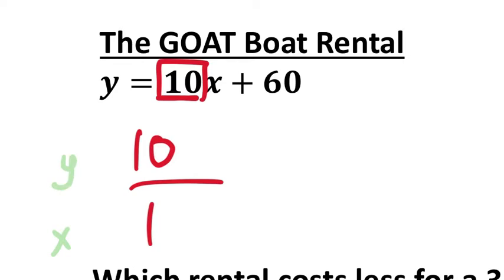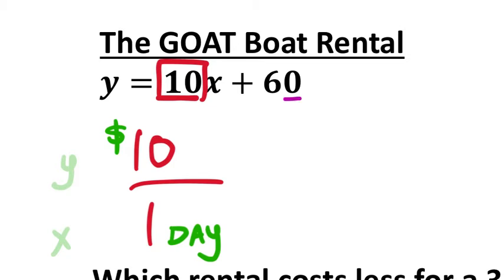So in the beginning, when they say Y is the cost, then we know that the 10 is $10. Then it said the X is the number of days you're renting this boat for, so that would be the label for your denominator. Okay, so $10 per day. Again, this is our slope. This is the rate of change.